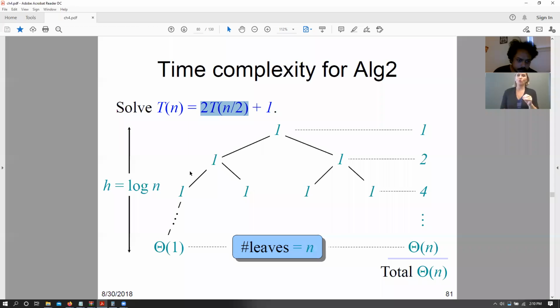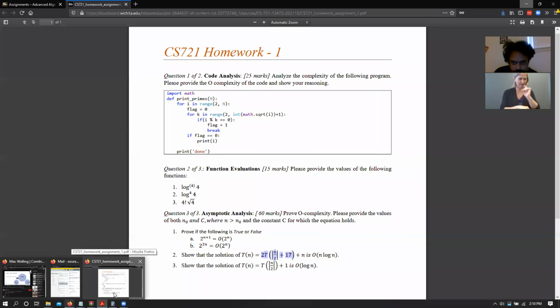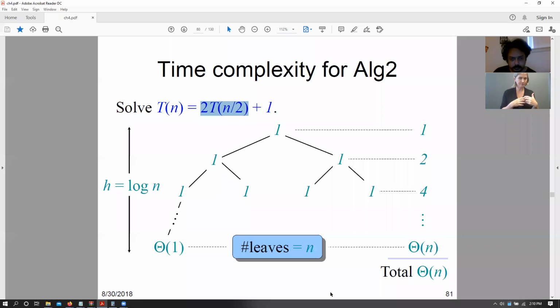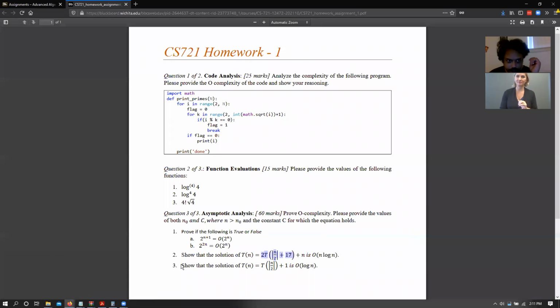So if I look at our homework, I think the homework is a different thing, right? For the third question of your homework, can someone tell me if this is true or not?